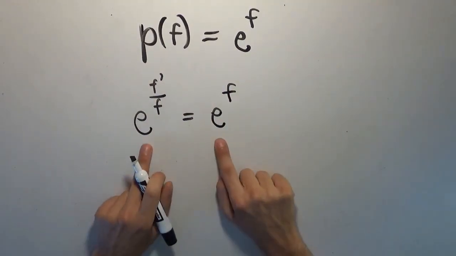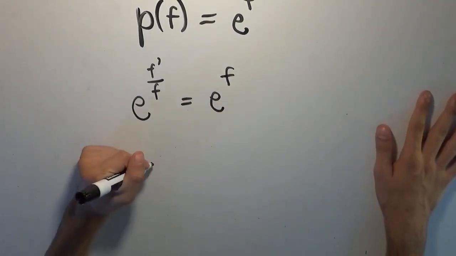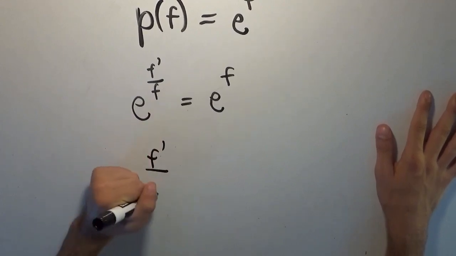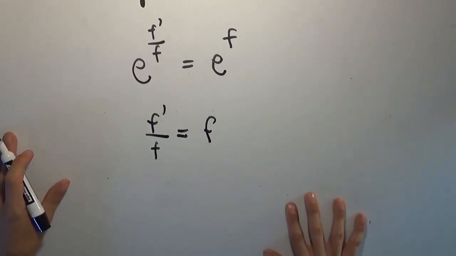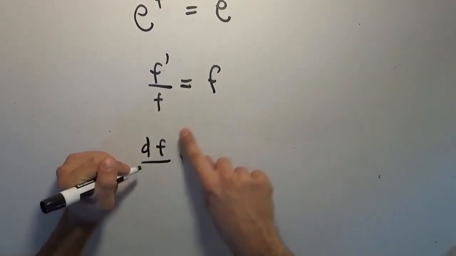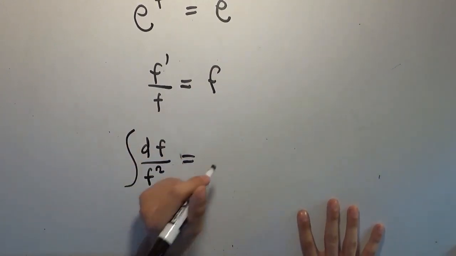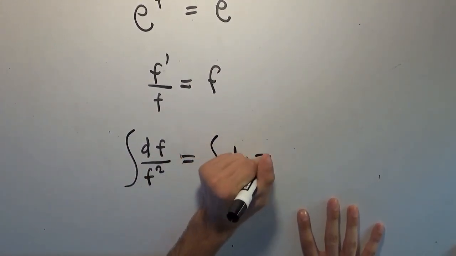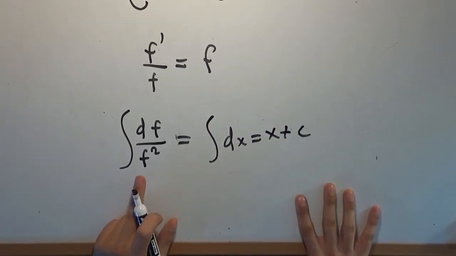Because it's e raised to different powers but they are equal, the powers must be the same, since if you take the natural logarithm of both sides, you just get this back anyway. So f prime over f equals f. And to solve this differential equation, we just need to divide by f. So we end up with df over f squared, and we're taking the integral, is equal to the integral of dx, which is again x plus a constant. And this is just, what is this going to be?